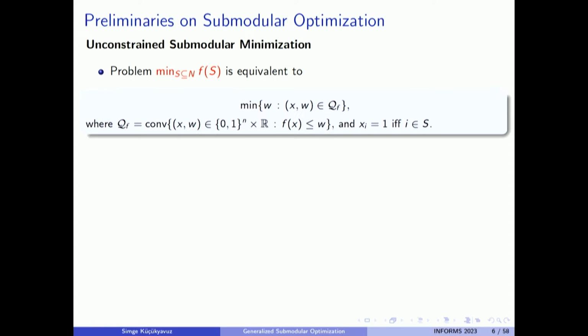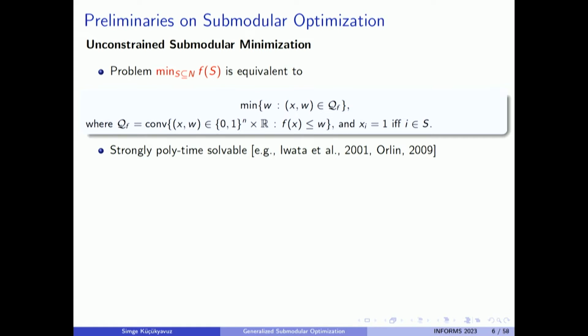You want to be above the function f of x, and we want to take all convex combinations of these feasible points. If I can represent this in linear fashion, then I can solve a linear program instead of solving this combinatorial optimization problem. So that's the holy grail in mixed integer programming.